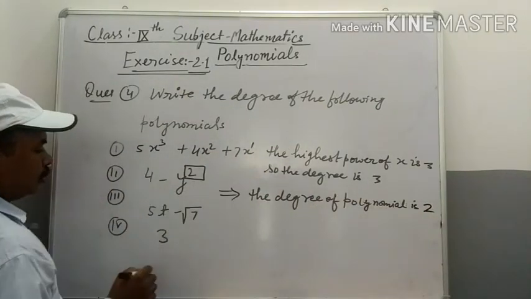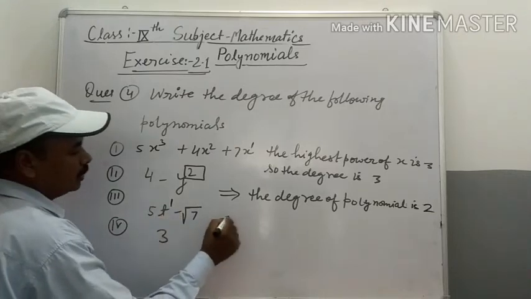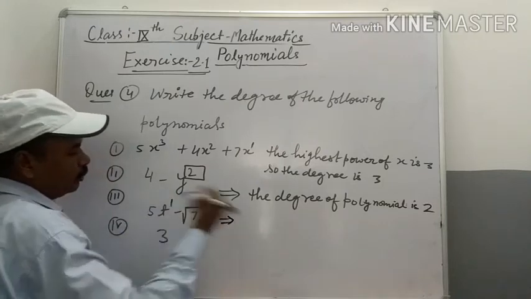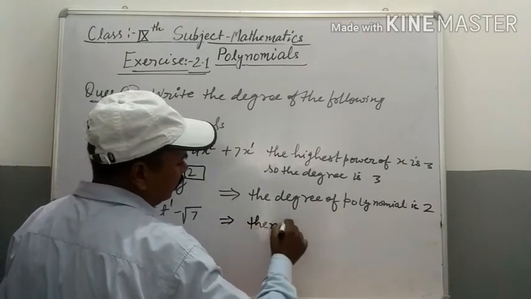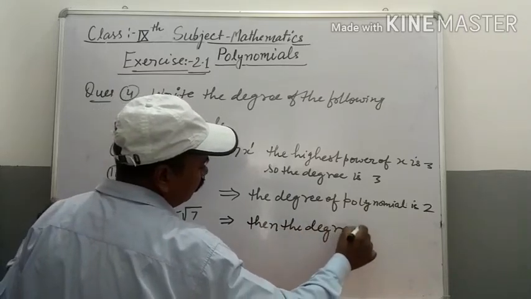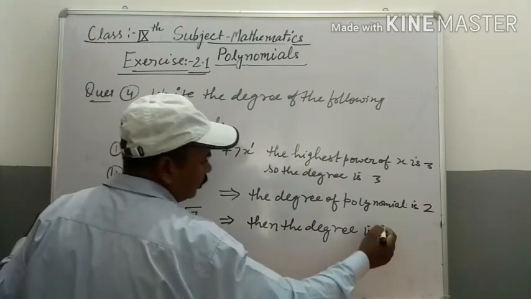And last in third question, that is 1, the variable t, that is power 1. The exponent of the variable t is 1, power 1 है. The degree is 1.